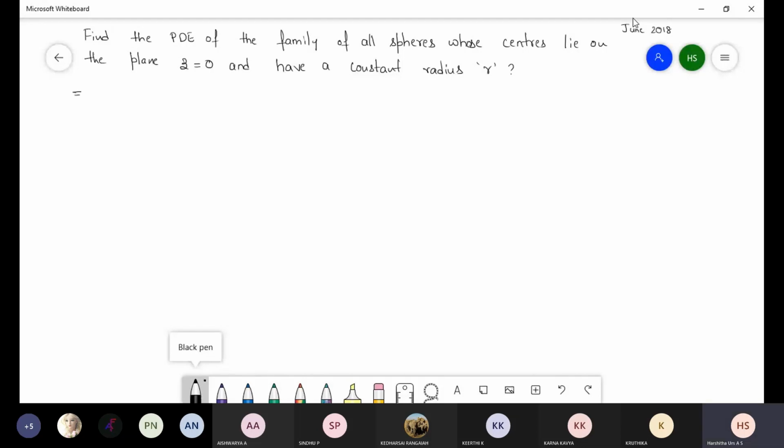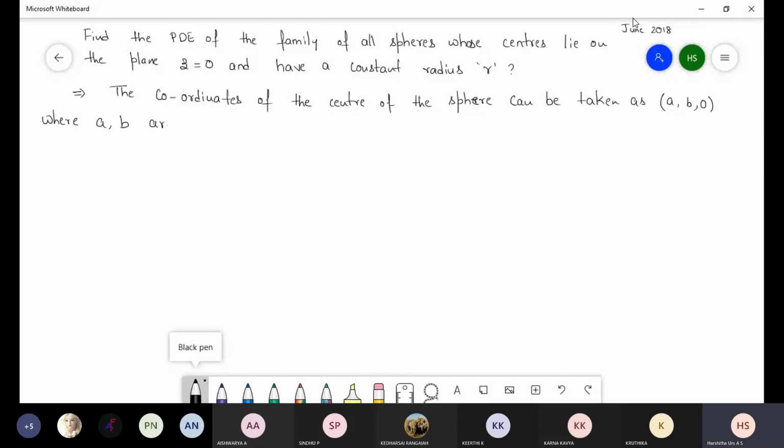So let us start the solution. The coordinates of the center of the sphere can be taken as a comma b and z they have given 0, where a and b are arbitrary.